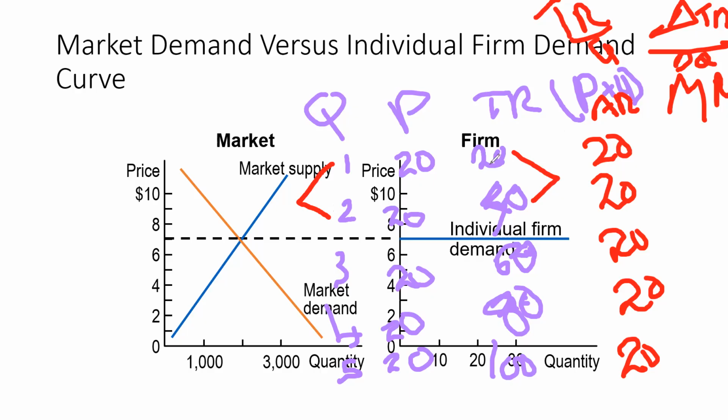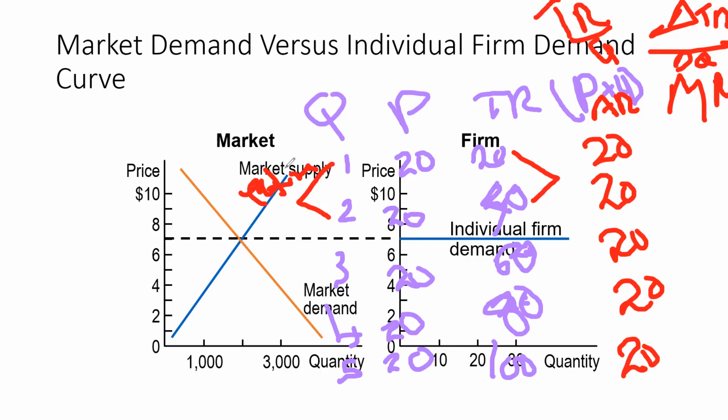When you sell one extra unit of output, the additional revenue that we earn is identified as the marginal revenue. It is the additional revenue that we earn from the additional quantity, or the extra quantity.